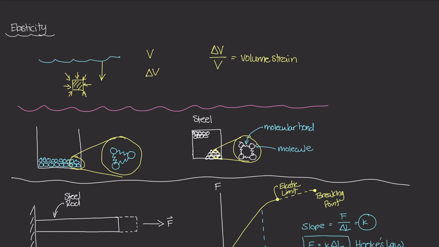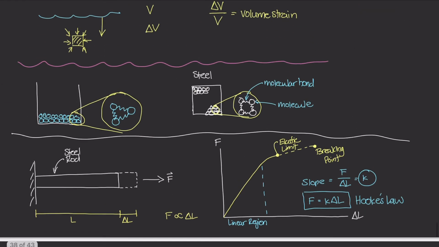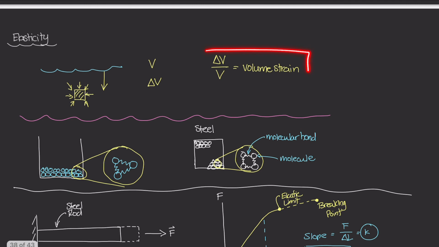So really, as this block submerges down in this fluid, in this liquid, it's going to get compressed. And we can use this definition of stress is equal to Y times strain to figure out how much that object is going to compress by. And that was equal to our volume strain, which up here was defined as delta V over V.